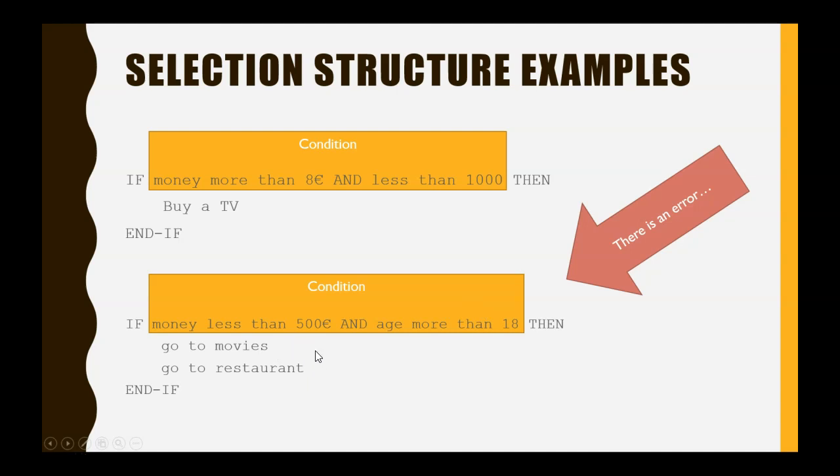So here's the problem. You should check that we have more than 50 euros and less than 500 and age is more than 18, then you can go to movies. This condition allows going to movies even without money. This is an example of a logical error, and they are pretty hard to find sometimes.